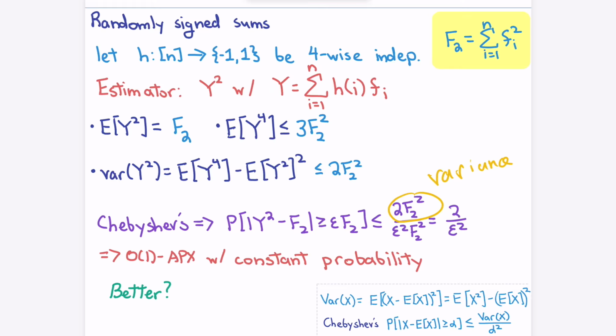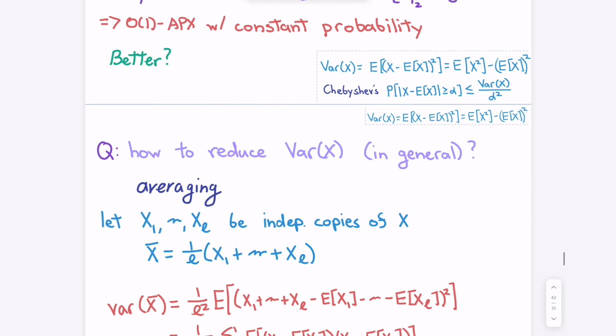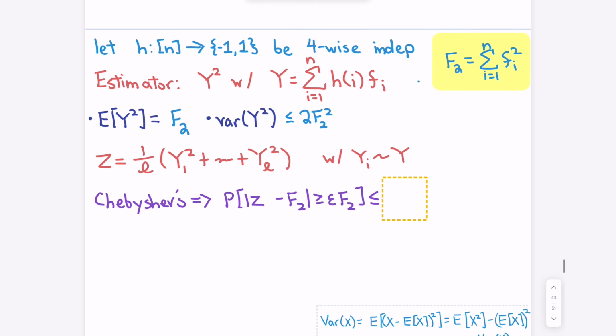If I take 10 copies, it's going to divide everything by 10. So I wanted to annihilate this 2 over epsilon squared. Maybe you want like 4 over epsilon squared copies, or something proportional to 1 over epsilon squared.